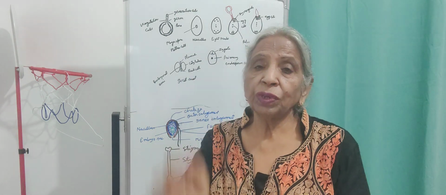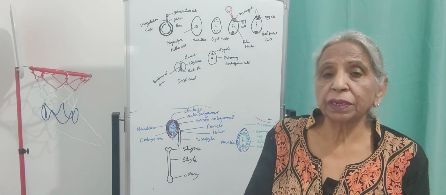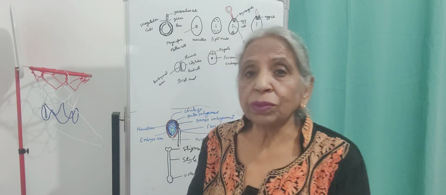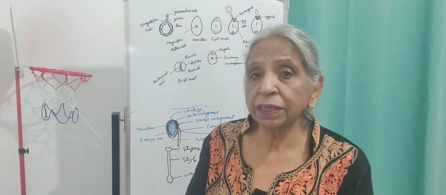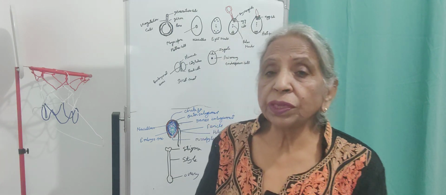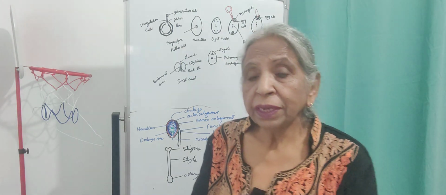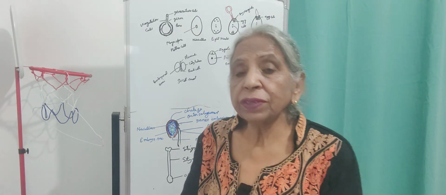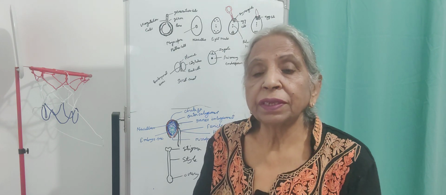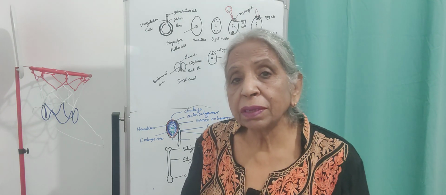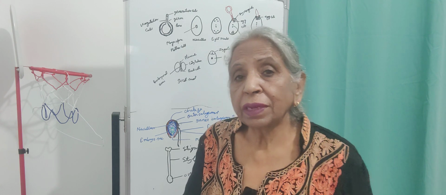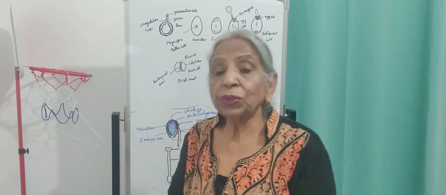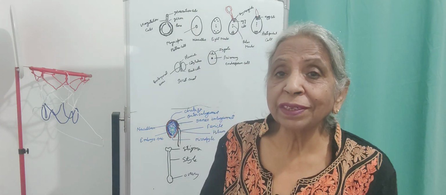Pollen grains, I told you, are very hard structures. Their outer covering, the exine, is very hard, and the inner covering is the intine. The outer covering is formed of sporopollenin. It is the hardest substance known. It is not affected by any enzyme or climatic condition, high temperature and heat, or humidity.